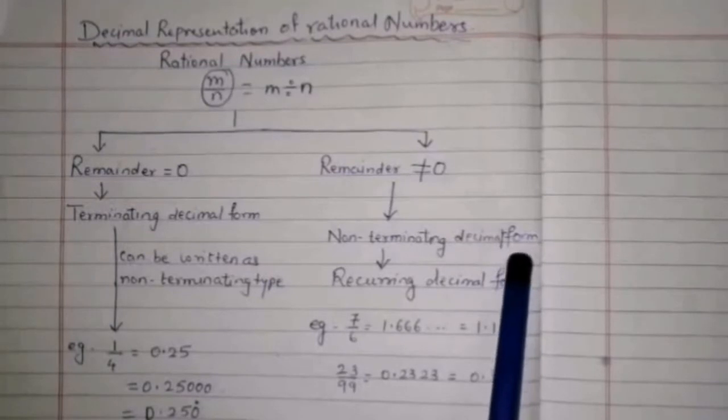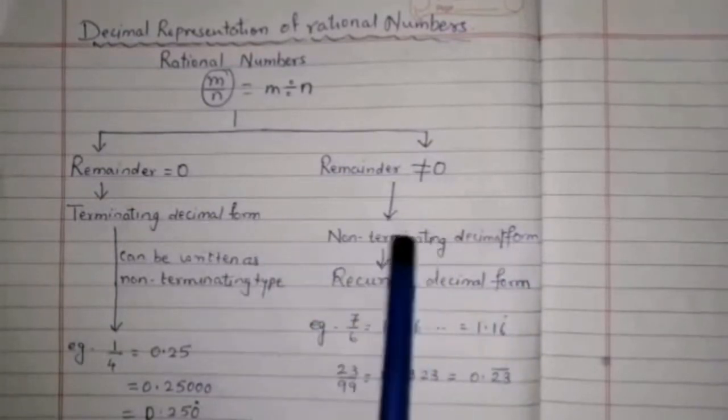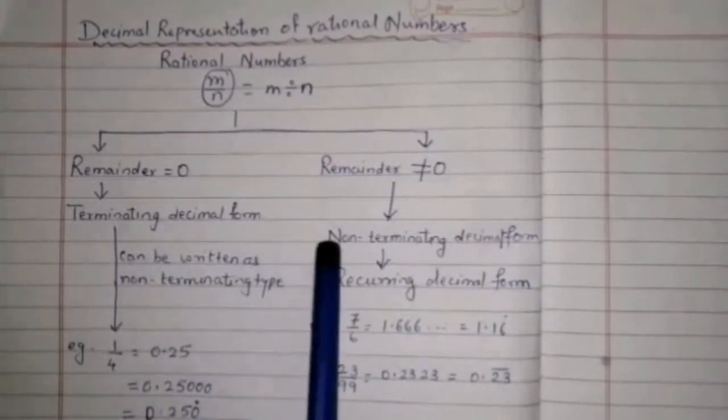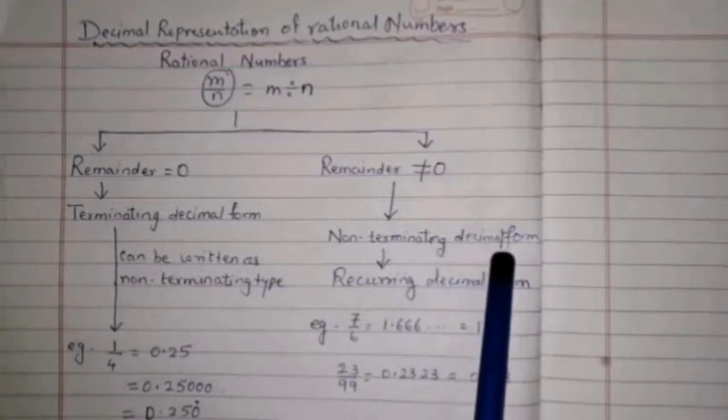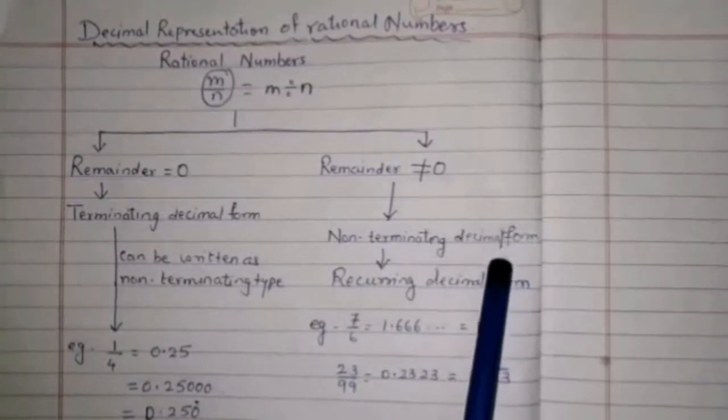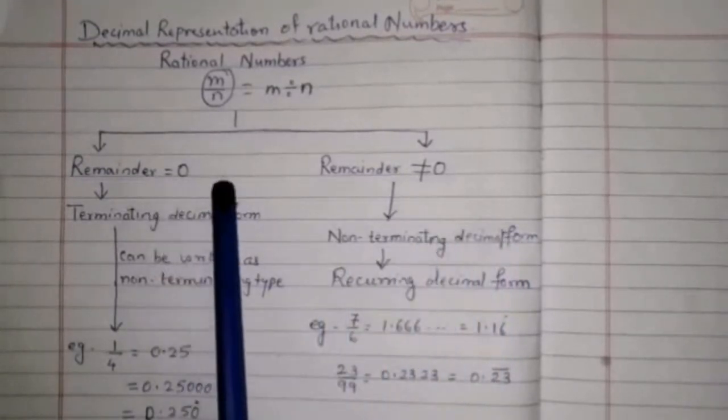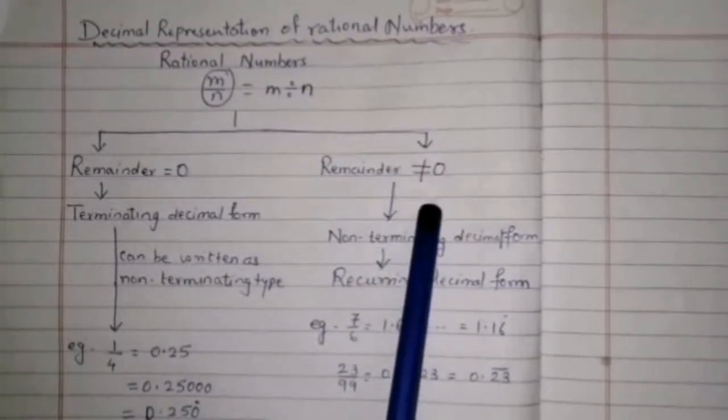So we got two forms, terminating decimal form and non-terminating decimal form, depending upon whether the remainder is 0 or non-zero.